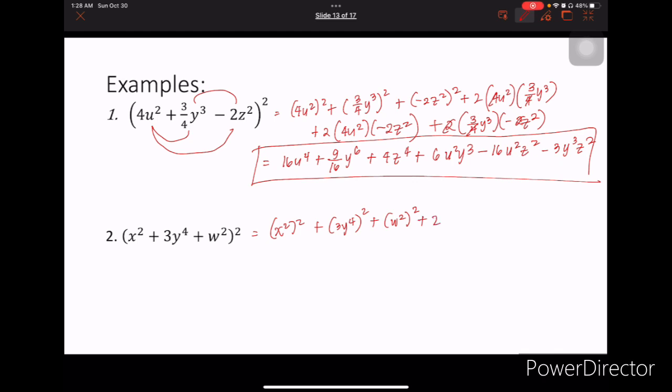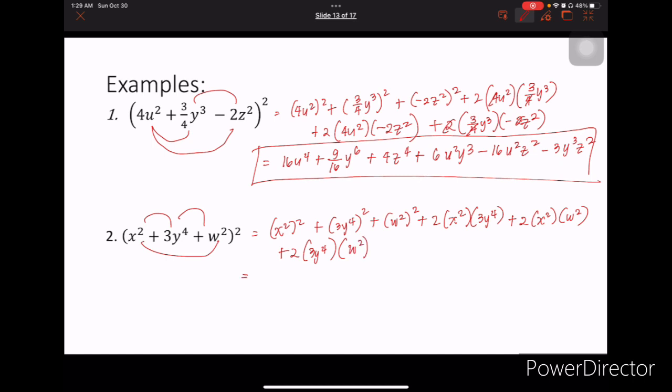Then plus 2 times the first term and the middle term. So you have x squared times 3y to the fourth, plus 2 times the first term times the last term, plus 2 times the middle term, it's 3y to the fourth times w squared, which is the last term.